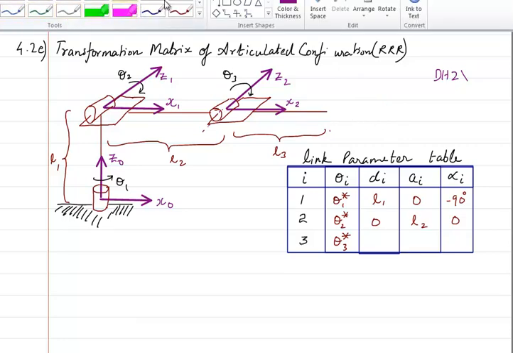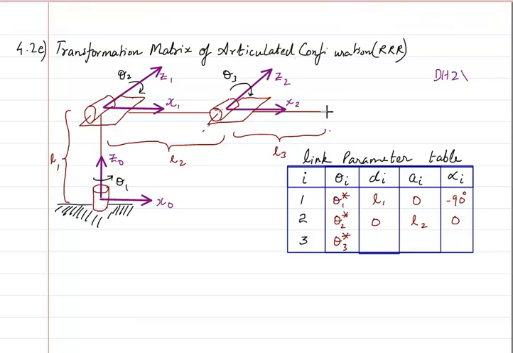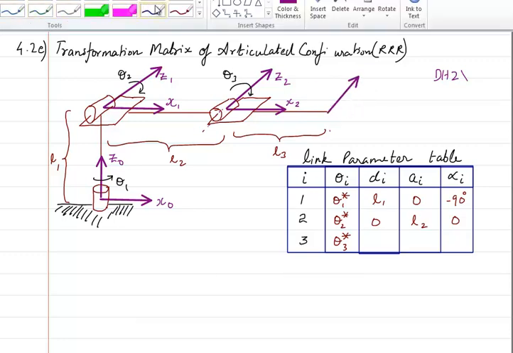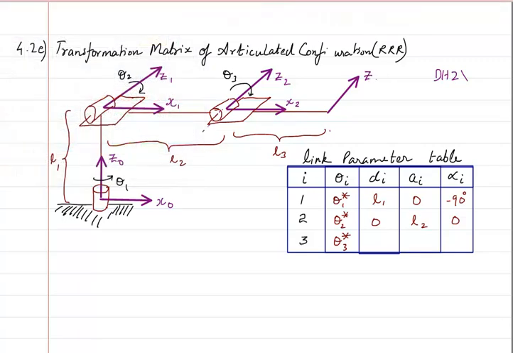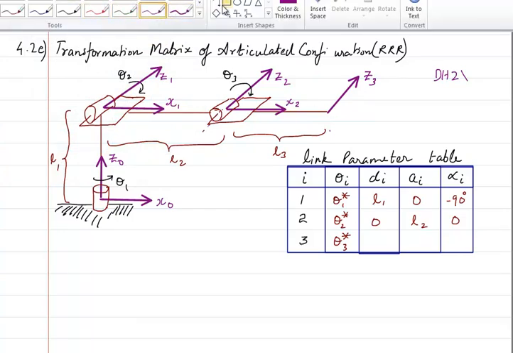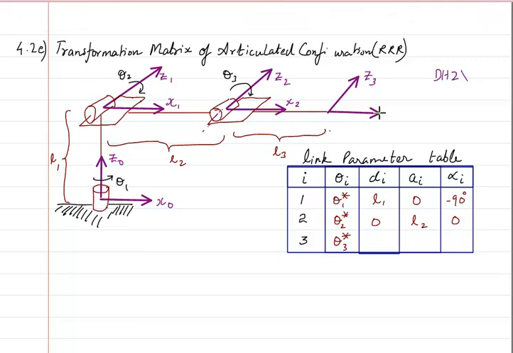Based on that, I will try to draw z3 again in the same direction as the previous case, because this is the end effector, and then we go for this one as z3, and then x2 and x3 again I can draw in the same direction. I will draw it in this direction, so this will be x3. So now it's all okay.